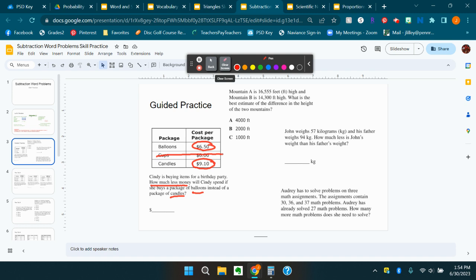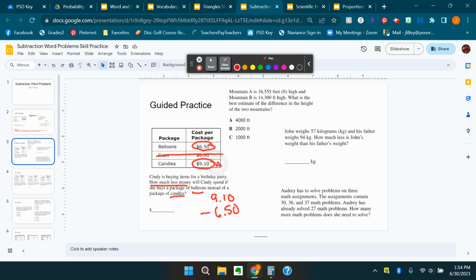The second thing I'm going to notice is that if this is a how much less question, it means we're comparing these two amounts. How much less is the balloons than the candles? So that means I'm going to be subtracting. So what I'm going to type into my calculator then is $9.10 minus $6.50.